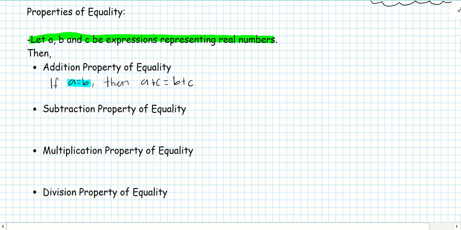Now notice what happened. I added the value C on the left side, so that means I also had to add it on the right side. Okay, so that is the addition property of equality.